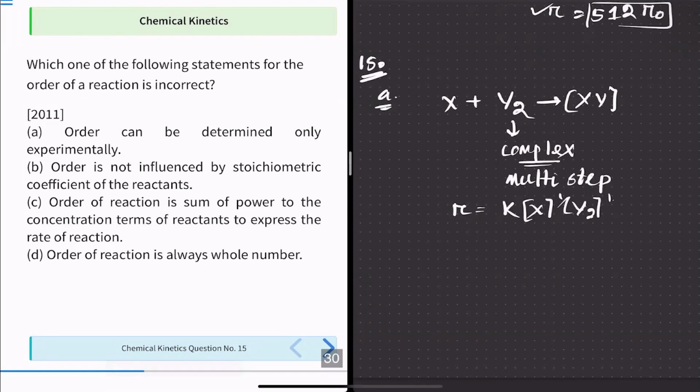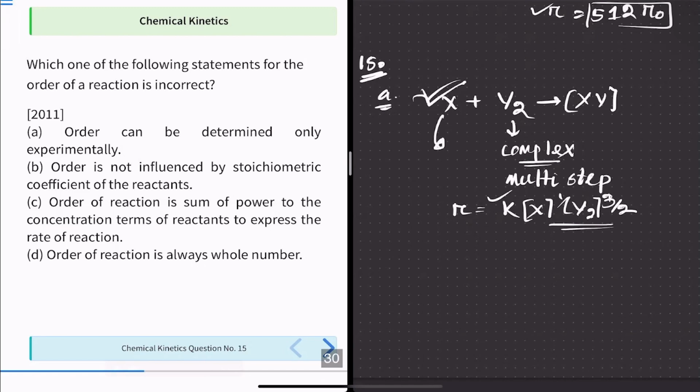It can be x to the half and y2 to the 3 by 2 also. We can't determine from this step only. We have to go through the slowest step of the reaction. So the order can be determined only by experiment. So option A is correct.